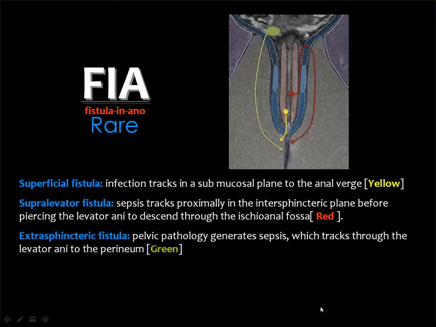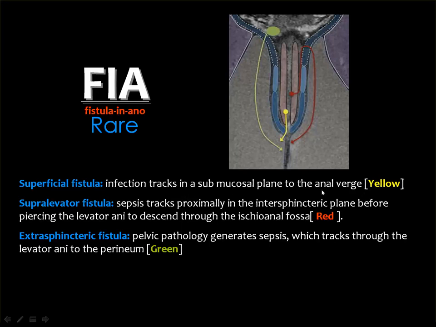Then the rare types. Number one is the superficial fistula, which usually is just an anal fissure, and if it is complicated by a tract and this tract gets its way to the outside, it is known as a superficial or submucosal fistula.